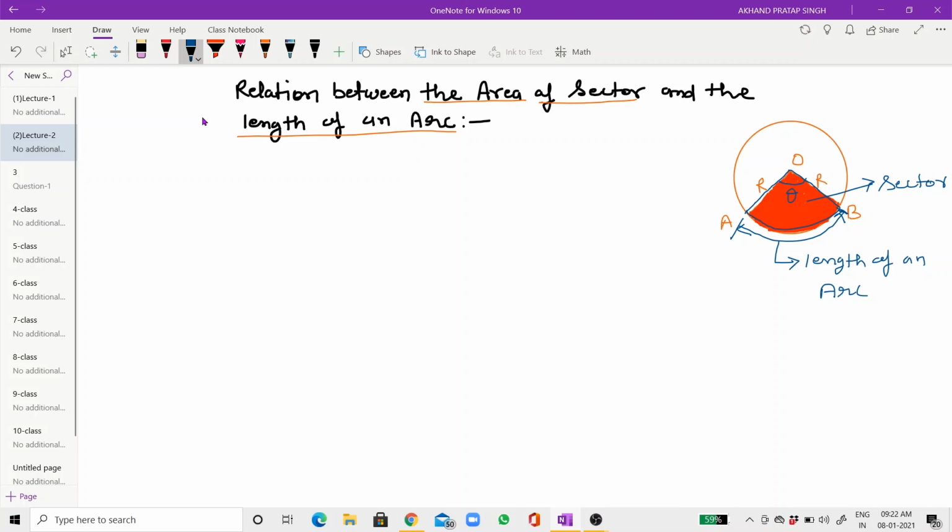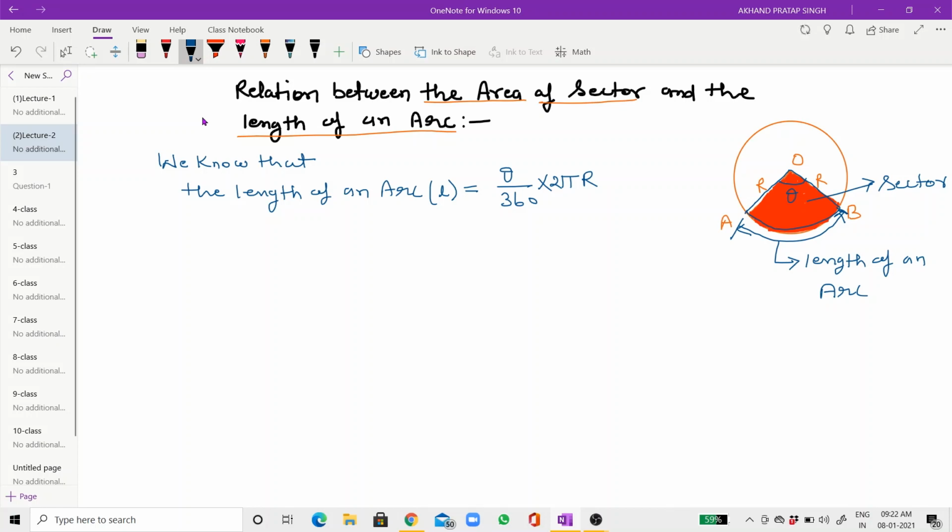Now we know that the length of an arc, which is L, is equal to theta upon 360 into 2 pi r.